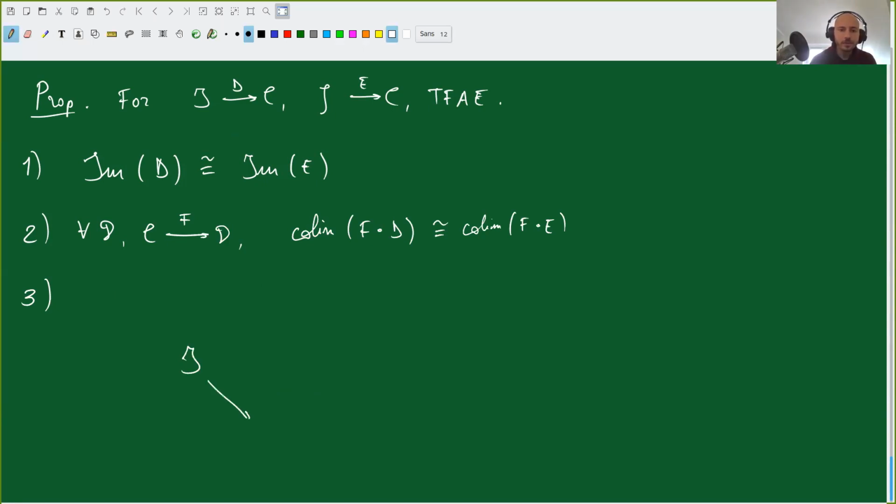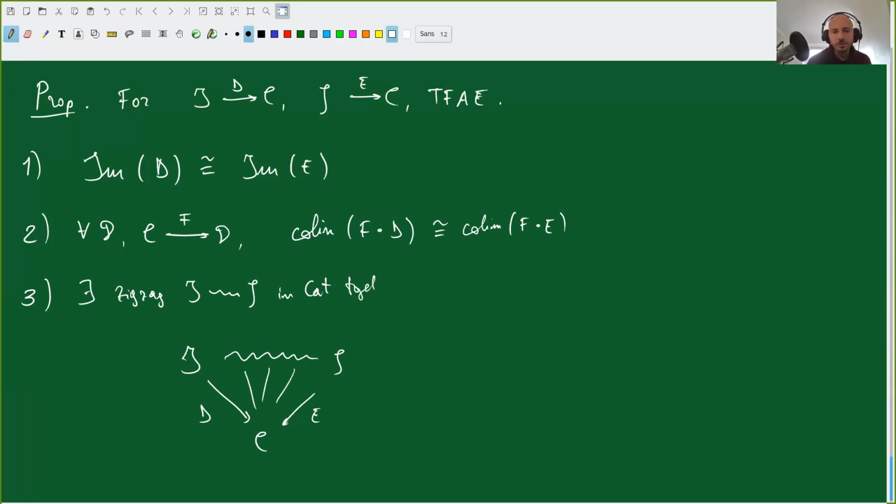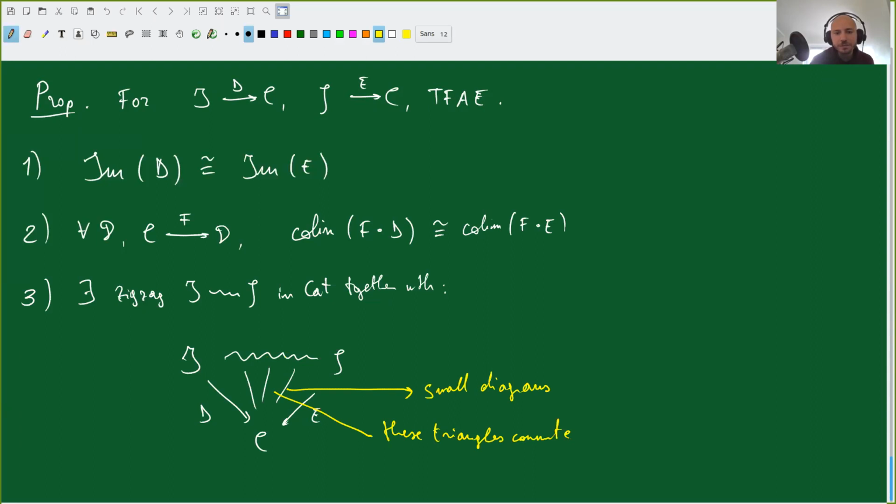Third, there exists a zigzag from I to J in the category of small categories, such that, together with, let's say, all these small diagrams, all these triangles commute, and all the functors in the zigzag are cofinal.